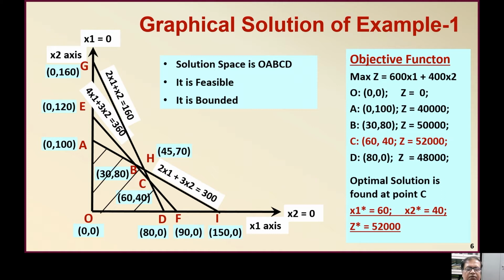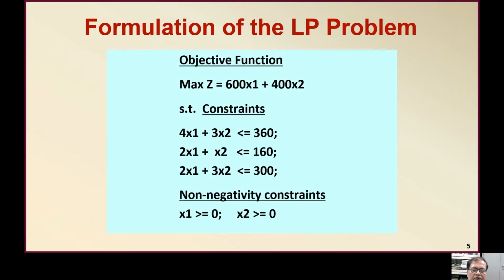Later on we shall see, when we try to find out the basic ideas of the simplex, that these three inequalities that we have, we can make them equalities by adding one variable in each of the three constraints.